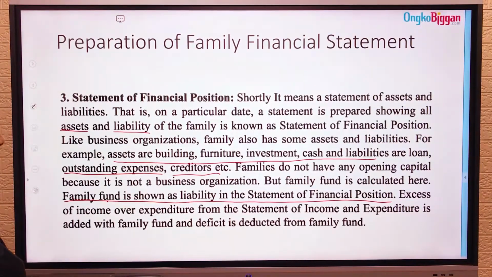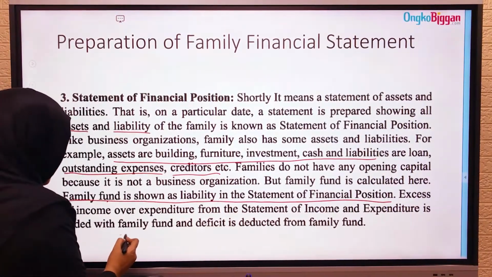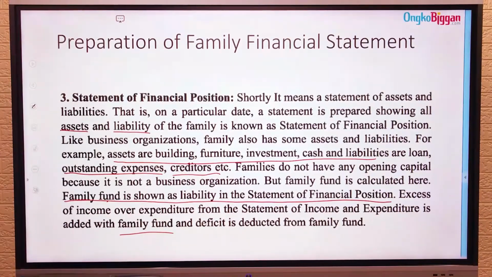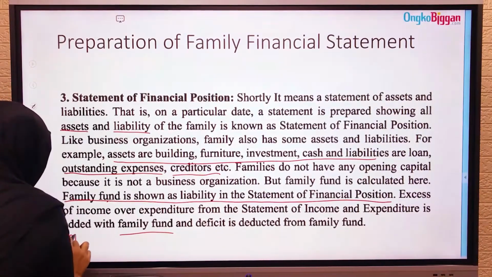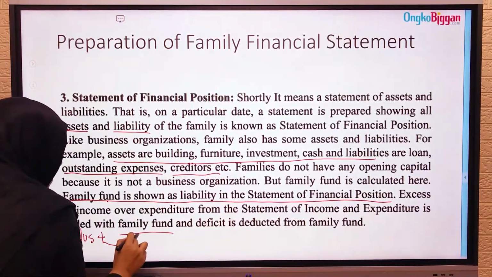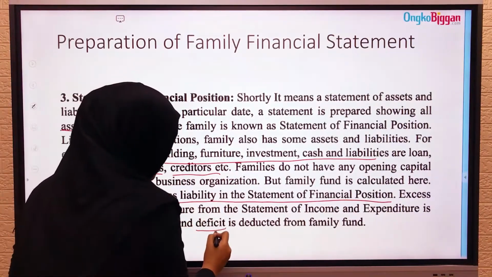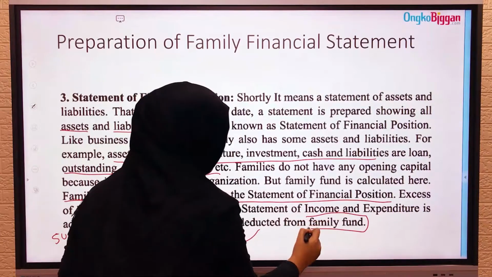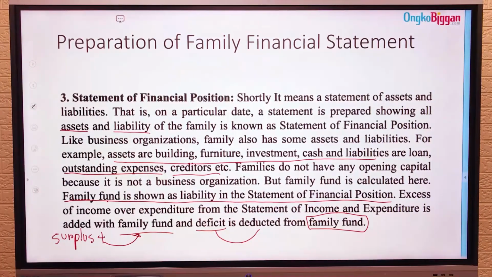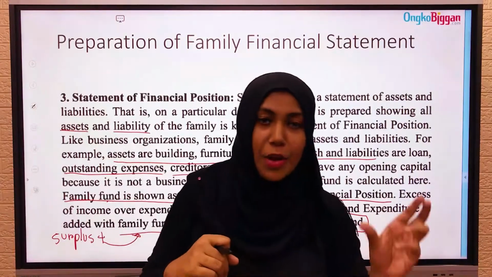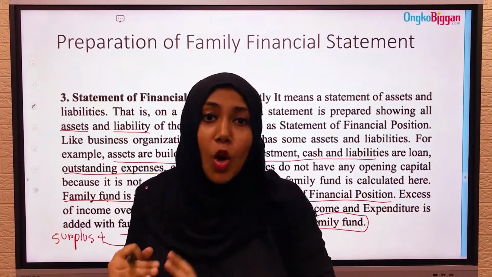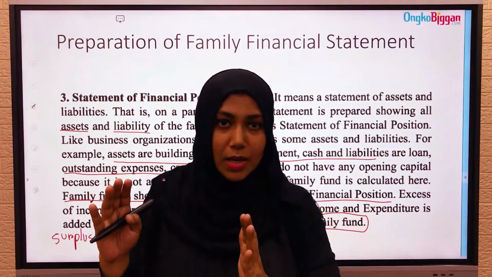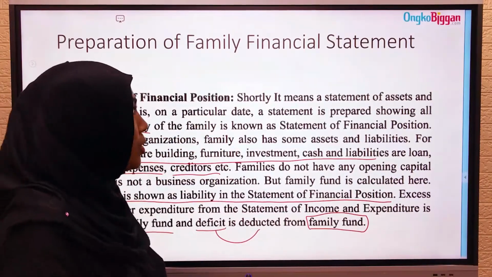Excess of income over expenditure from the statement of income and expenditure is added to the family fund, and a deficit is deducted from the family fund. I mean, the surplus will be added to the family fund and the deficit will be deducted from the family fund. This is the rule. Just like profit and loss: if you are making a profit, it will be added to our general reserve, but if you are making a loss, then it will be cut from the general reserve. Same as the family one, same as the financial position one.